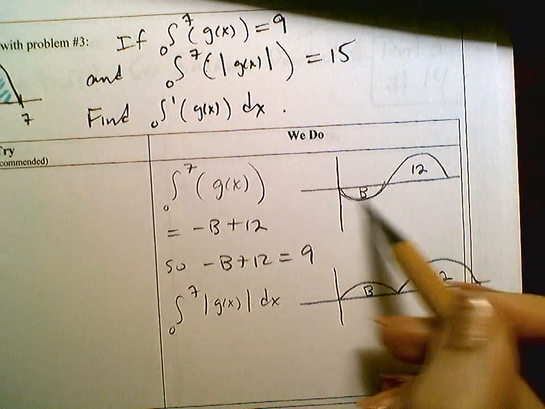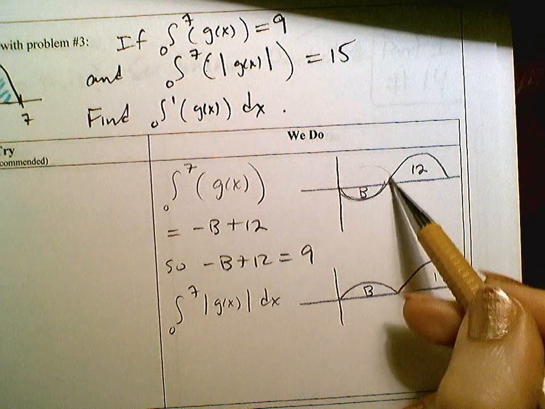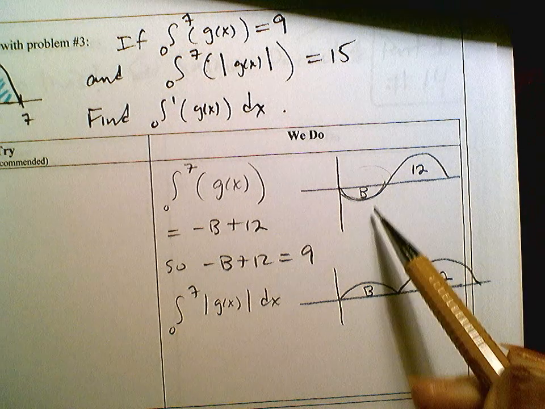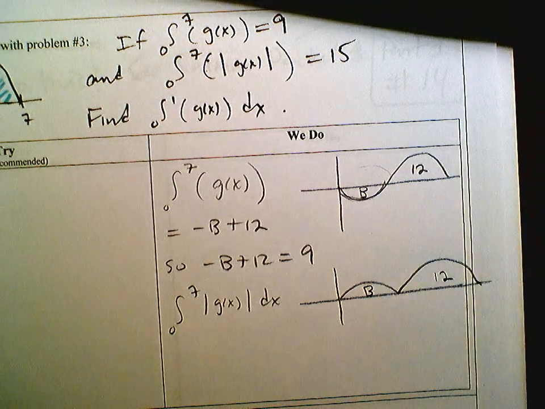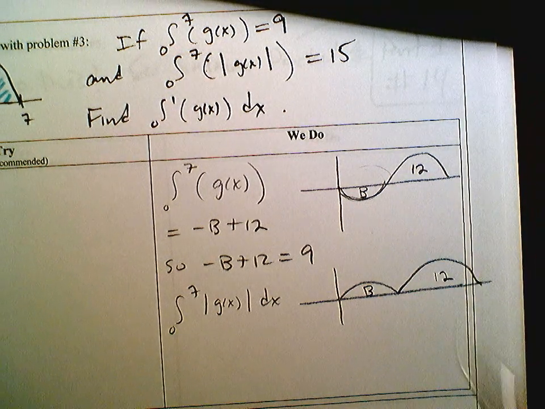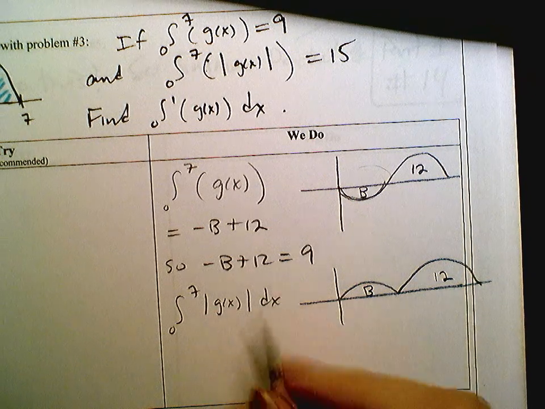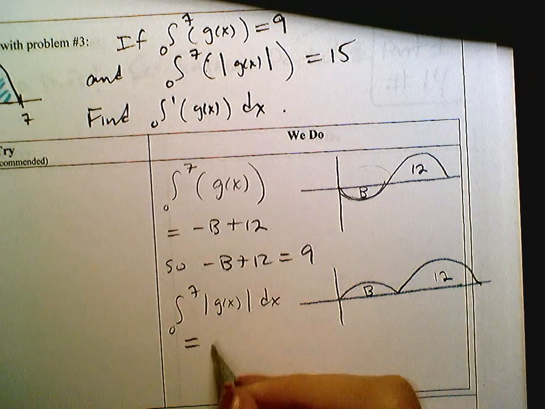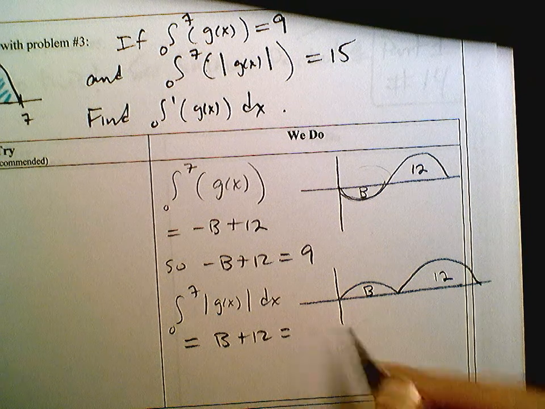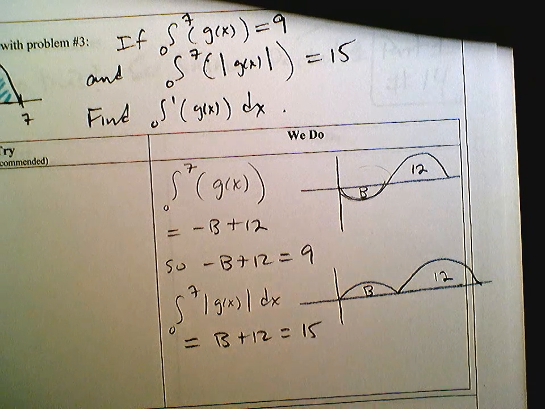So this here would get flipped up there, because you have to negate all the negative parts. You have to reflect all the negative parts above the x-axis, so it would look like that. And then this is going to be equal to b plus 12, and that's going to be 15.